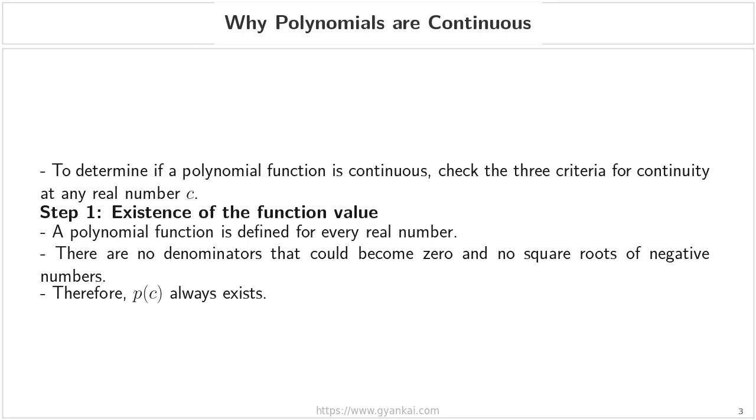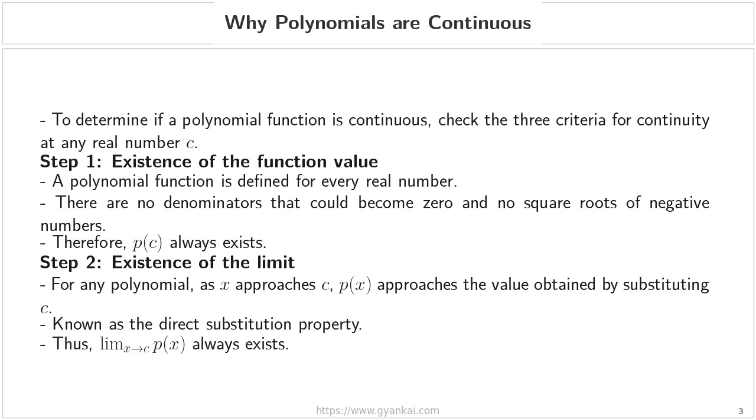If you think about the structure of a polynomial, it is simply a sum of powers of x. This means a polynomial function is defined for every single real number. Unlike rational functions, which we will discuss later, there are no denominators here that could become 0, and there are no square roots of negative numbers to worry about. Therefore, the function value, p of c, always exists.